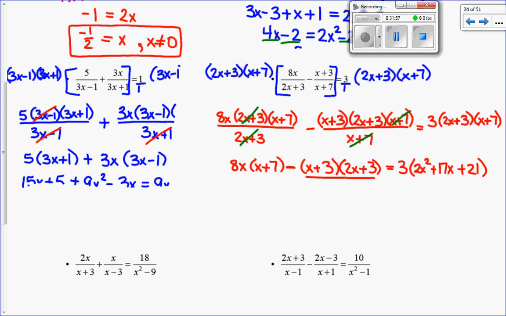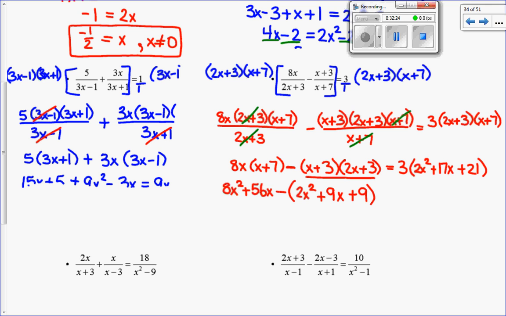So coming back to this point, let's multiply 8x times x plus 7. We've got 8x squared plus 56x. Then we have minus whatever this gives us when we multiply it out. X times 2x is 2x squared. 3x plus 6x is 9x. 3 times 3 is 9.